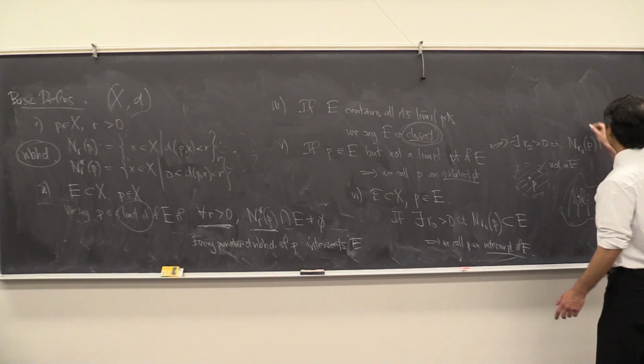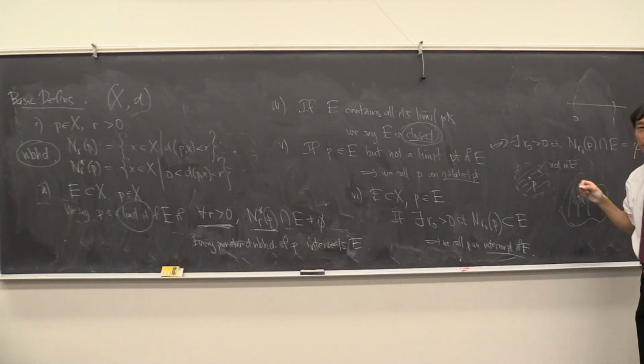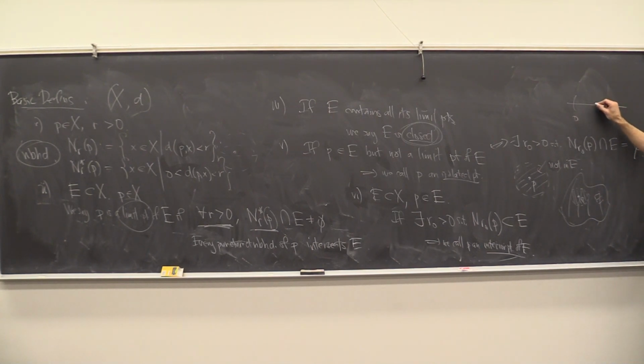Okay. So, for example, is 0, 1, is this point interior? Sure, right? Because I can just take the minimum of the distances to here and here, and I use that as my radius. I get a neighborhood that's contained inside of 0, 1.